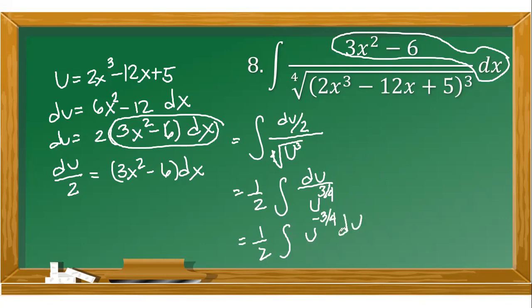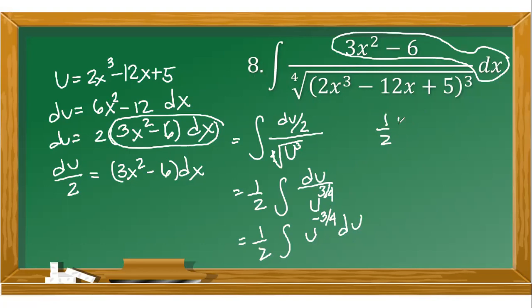Okay? So by virtue of the formula in finding the integral of a term raised to an exponent, we add 1 to the exponent and divide by the new exponent. So 1/2, okay, u raised to -3/4 plus 1 is 1/4.